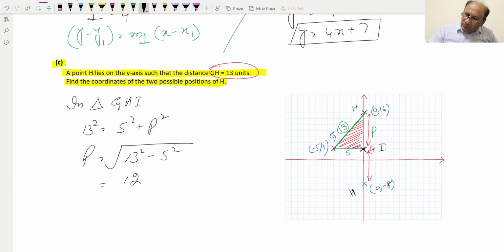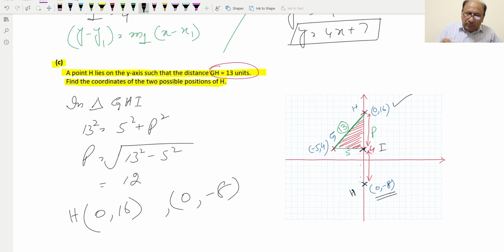It will be 1, 2, 3, 4, 5, 6, so 6 units down will be 12. This is how we figure it out, and this point will be (0, -8). So H will have two values: (0, 16) is one, and the second option is (0, -8). These will be the two options.